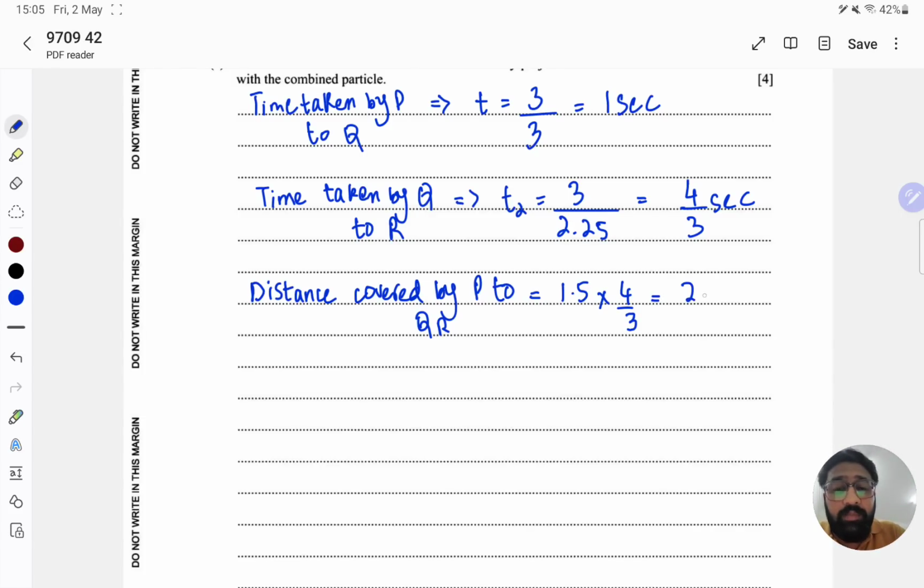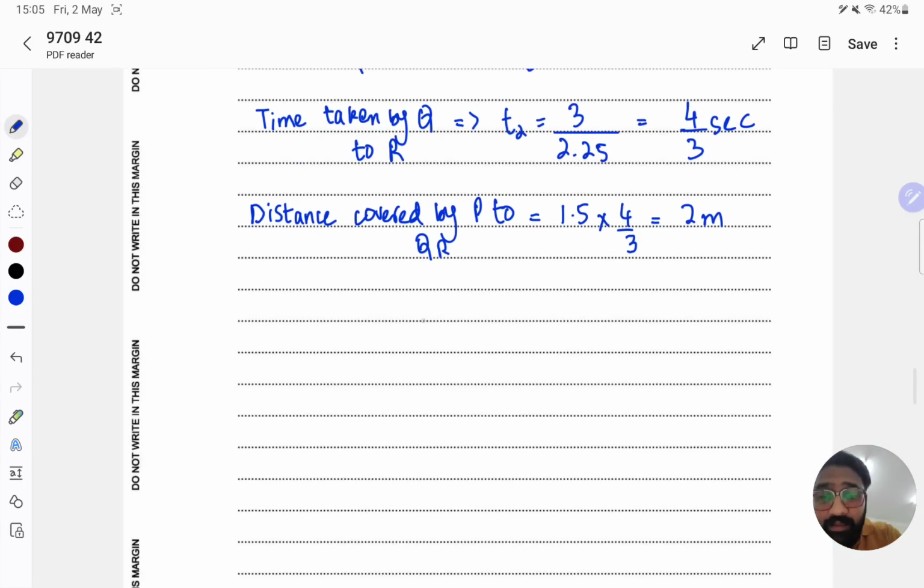This is 2 meters. So basically what is happening, let me show you a visual diagram. This is object P. It is traveling and it is reaching the particle Q. Then there is a collision, and then they go towards the particle R. Now the time taken from P to Q is 1 second.